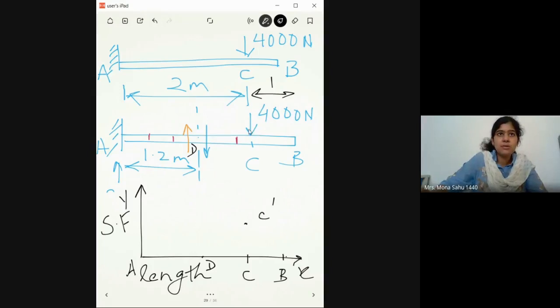If 4,000 is acting on C, the same force is acting on this part as well. So at D also, it's the same 4,000. If you notice here, there is a shear load here. So at D also, there is a 4,000 load. That is D dash.